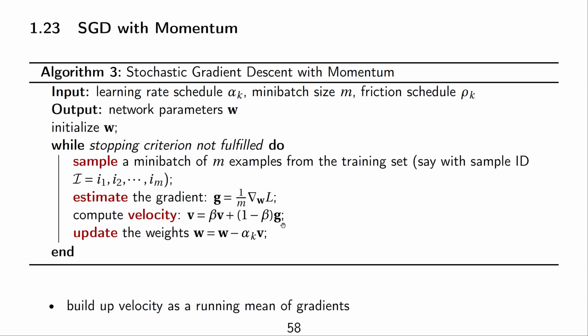And then after a while, when velocity will be a more meaningful value, so in the beginning it might be too small, then the velocity will typically dominate. That means that this beta times v will be a more significant contribution to the velocity in the current iteration than the gradient g.